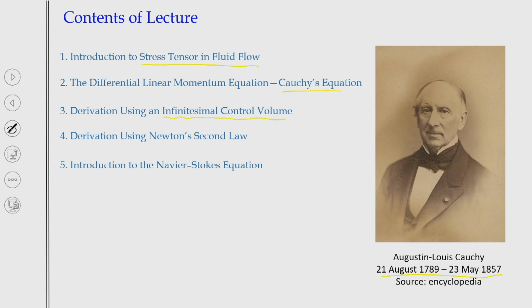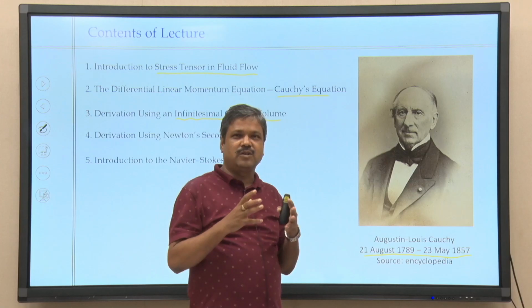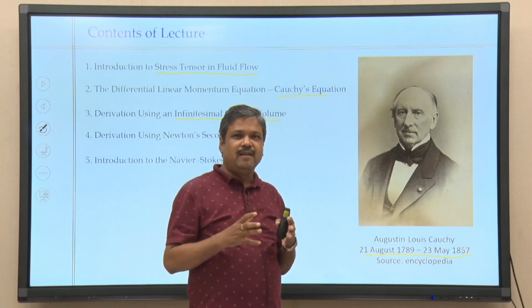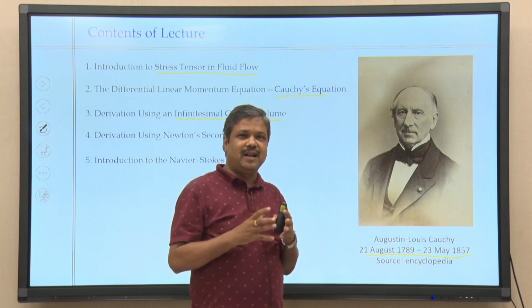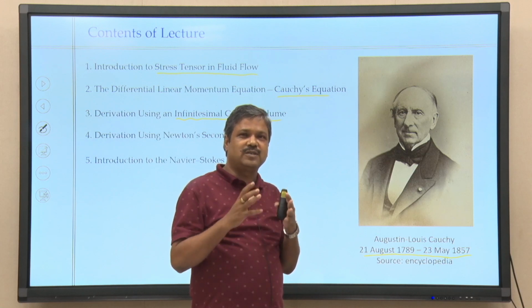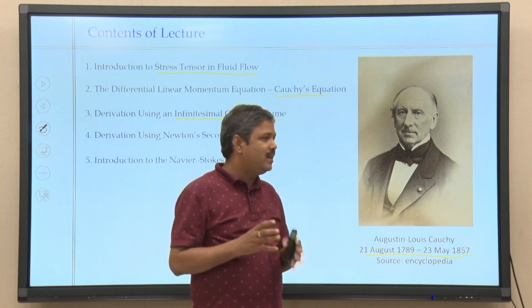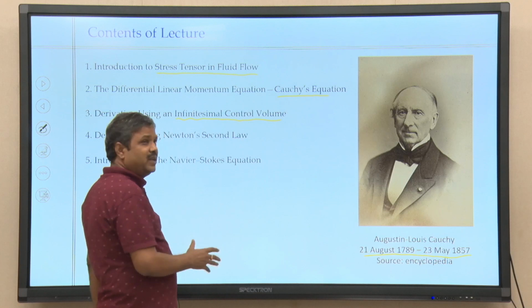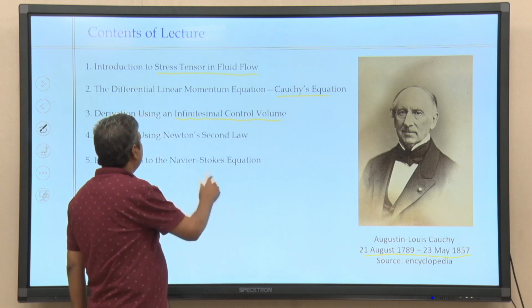infinitely small control volume. The idea behind it, as I said, is that I have the functions u, v, w, which are scalar field functions of space and time. If I make a small, infinitely small control volume where these functions are continuous, then I can use a basic Taylor series to solve the problems.